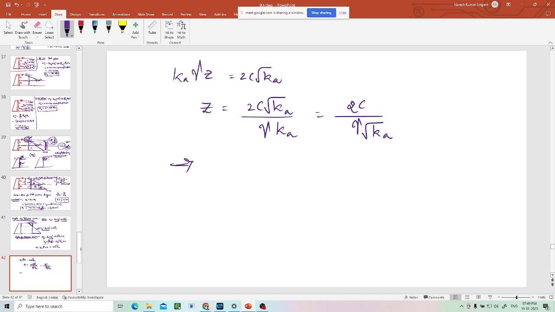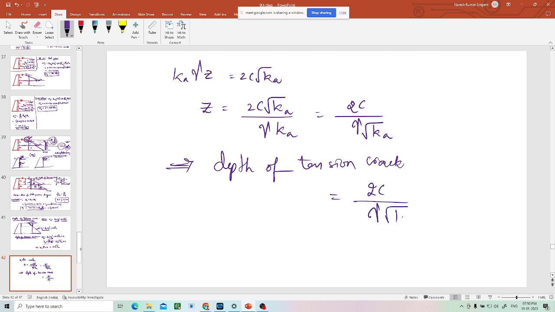So therefore, the depth of tension crack is nothing but 2c by gamma under root Ka.